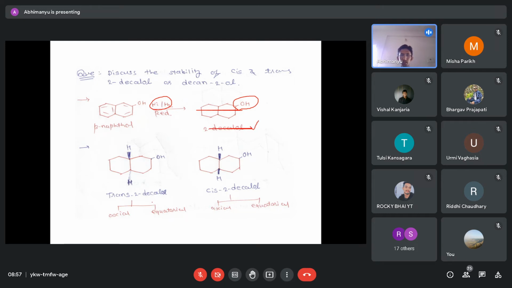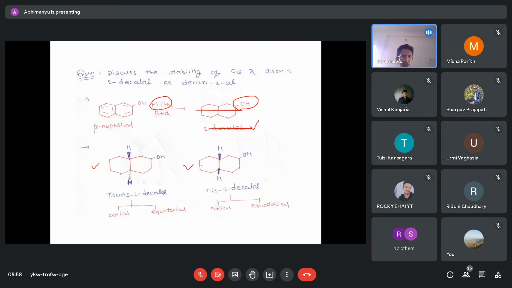So decalol, again, first one is the trans 2-decalol, and cis 2-decalol. What is the meaning of trans 2-decalol? Okay, H and H. According to the orientations of the H, first one is above the plane, another is below the plane. Then it is known as the trans. And same for cis. If both hydrogens are present either above the plane or below the plane, it is known as the cis.